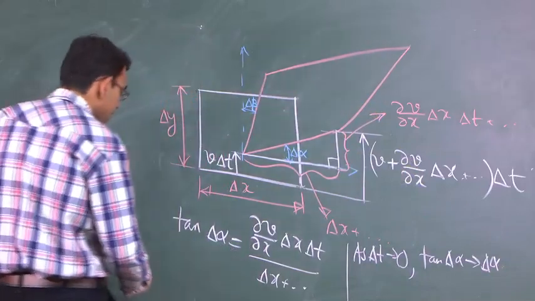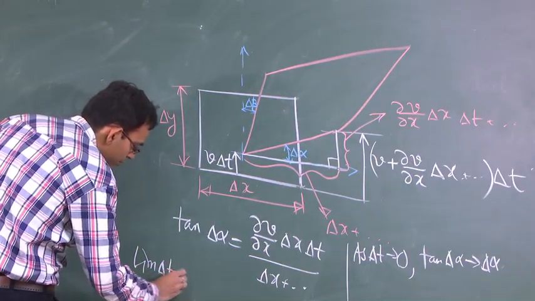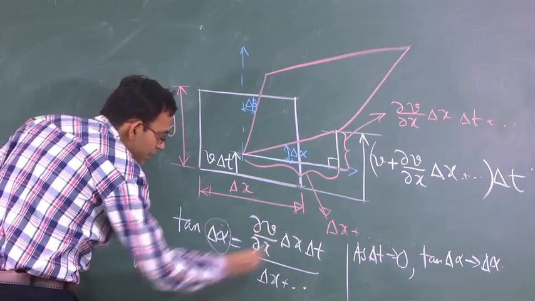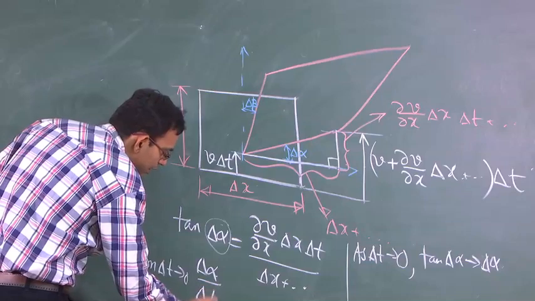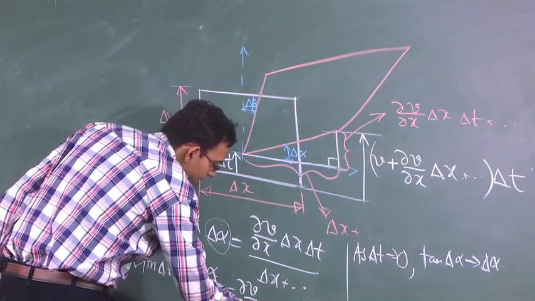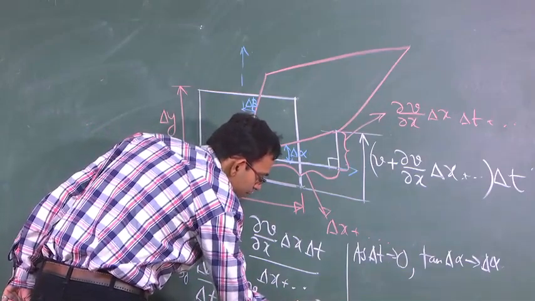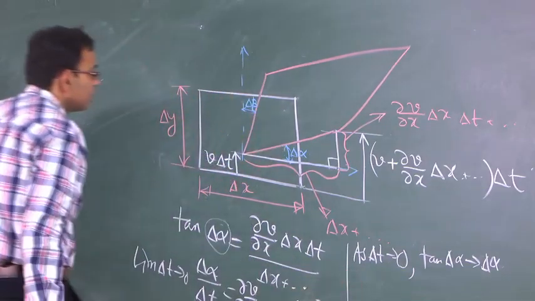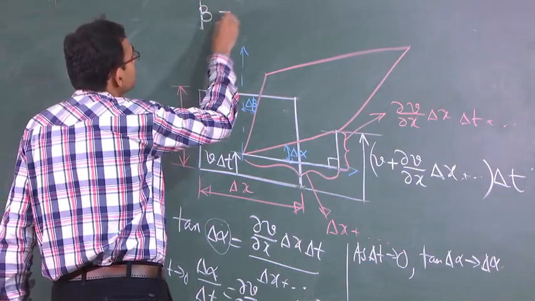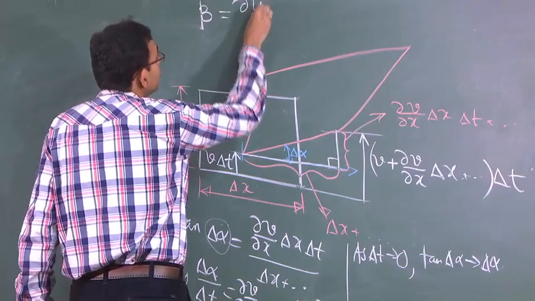So, you can write limit as delta t tends to 0, delta alpha divided by delta t is equal to del v del x, or this rate of change of angle alpha, alpha dot, is del v del x. Similarly, beta dot will be del u del y.